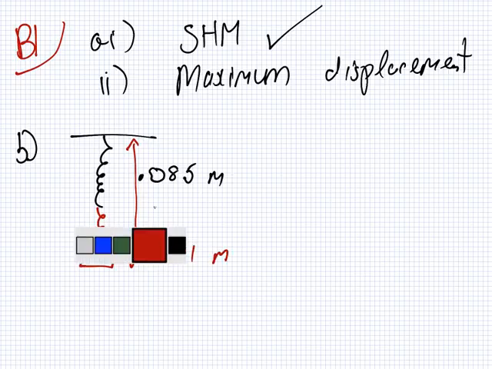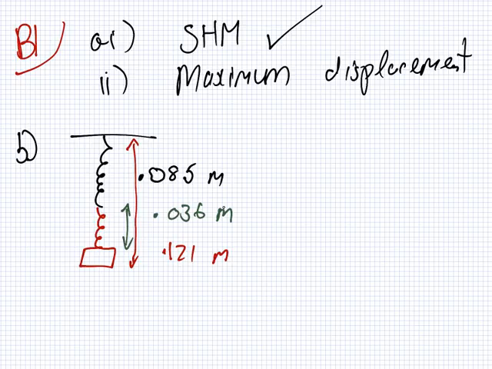So that means the extension length is 0.36, is it? No. Sorry, 0.036 meters is the extension. And the mass is 0.034 kilograms.